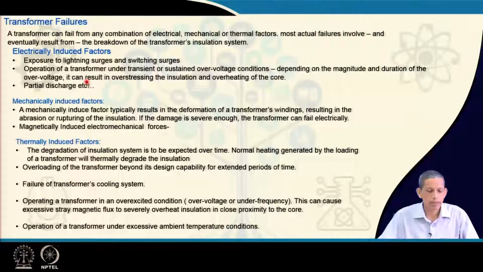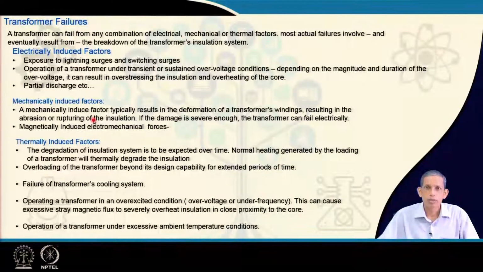Further, magnetically induced electromechanical forces may be so severe during large current, during a fault in the system, even an external one, that they may lead to insulation failure. Those mechanical forces may not be immediately noticed, but may lead to degradation of the insulation, finally resulting in a permanent fault.